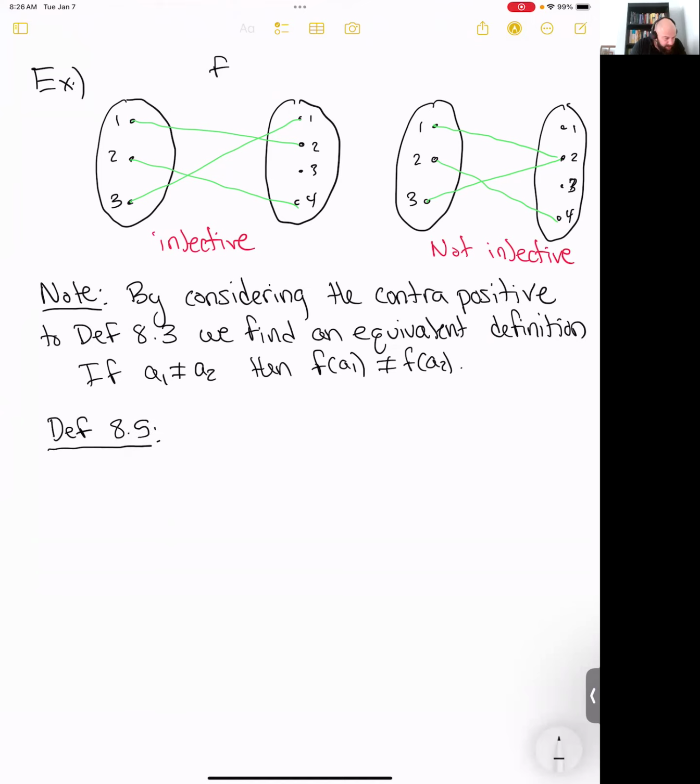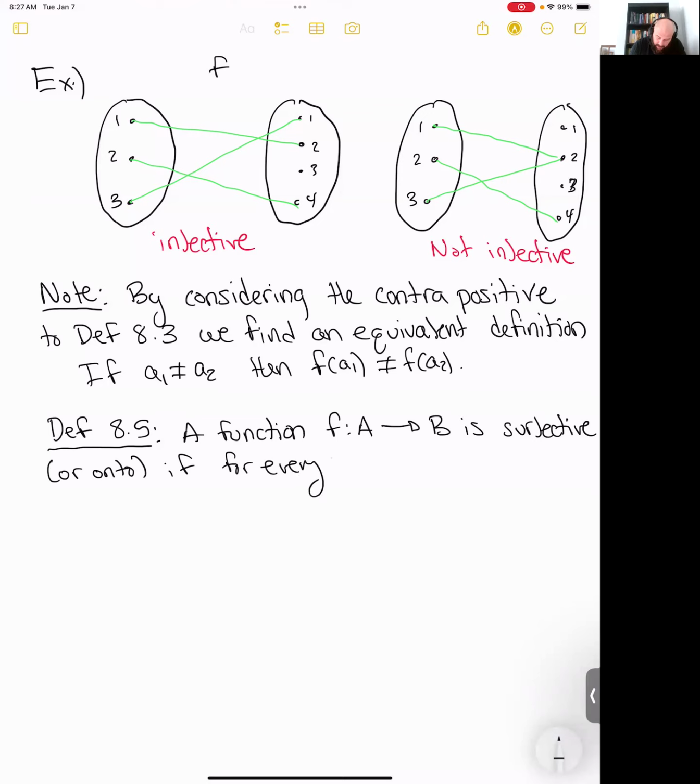So a function is surjective or onto if for every b in the codomain there exists some a so that f of a equals b.